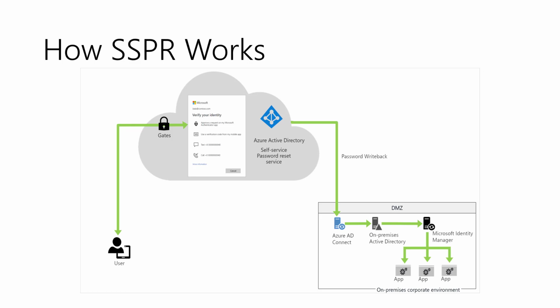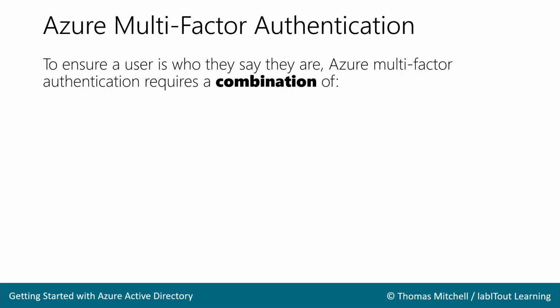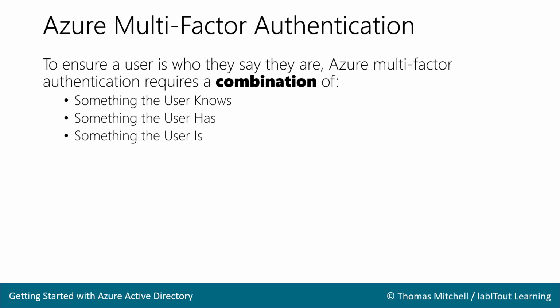Now let's talk a little bit about Azure multi-factor authentication. A little while ago, I explained how multi-factor authentication requires users to provide a second form of authentication during sign-in. To ensure a user is who they say they are, multi-factor authentication requires that user to provide a combination of something that the user knows, something the user has, and something the user is.